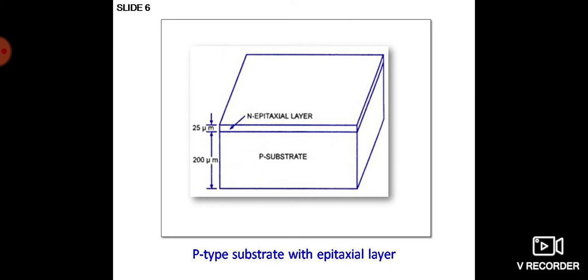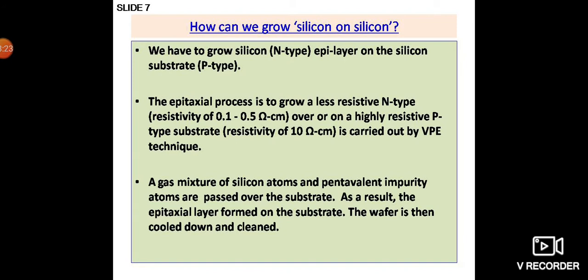The N-type epitaxial layer is grown over the P-type substrate, both of the same material, so this is actually homoepitaxy. Up to this, one point should be clear: in this case we have to grow an N-type silicon epitaxial layer over the P-type substrate. That is, we have to carry out homoepitaxy.